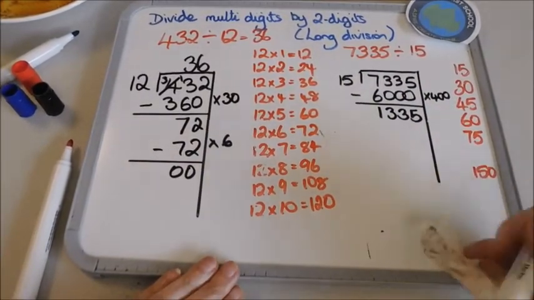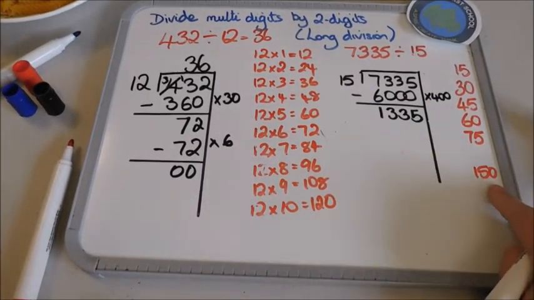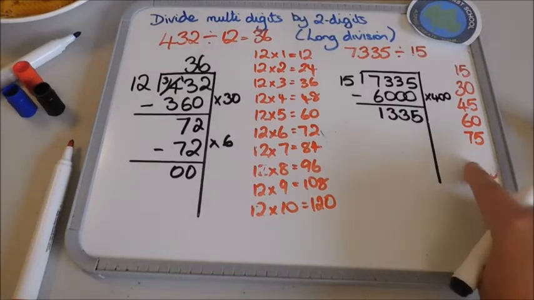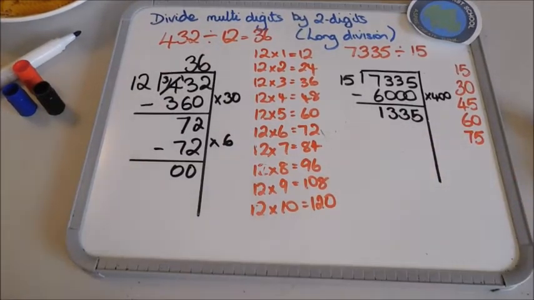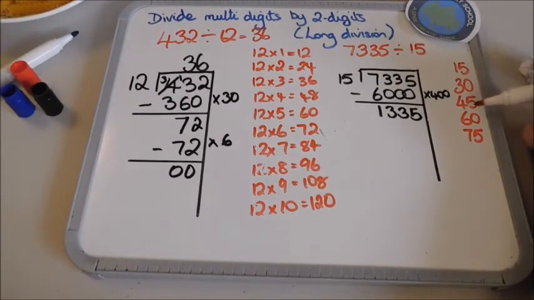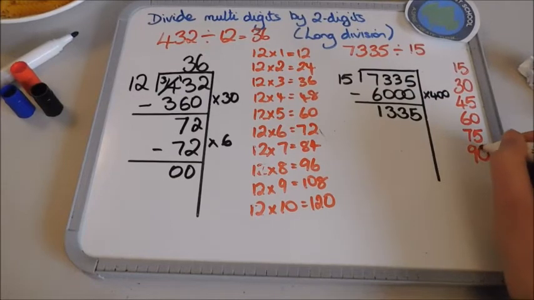So now I'm down to 1,335. What do I know now? Well, 150 is 10 times 15, so 100 times 15 would be 1,500. That is too much. So I'm actually going to extend my times tables here. 15, 30, 75, 90, and then that will be 105.